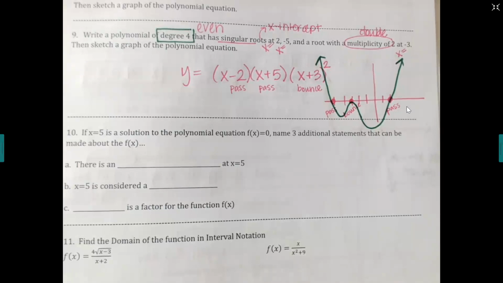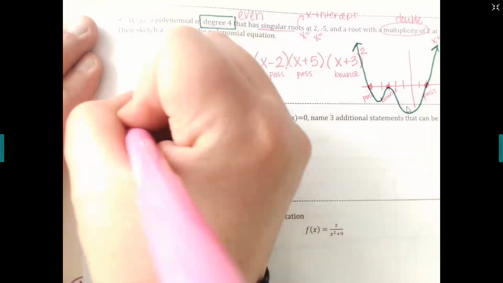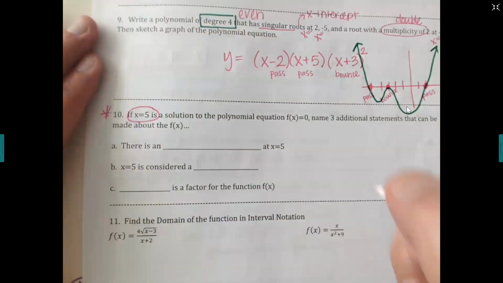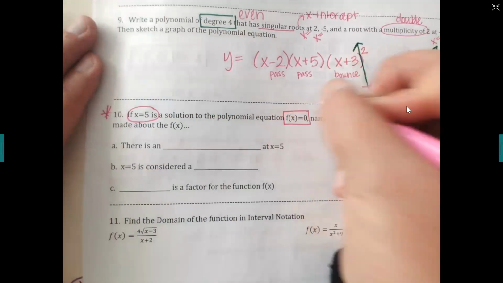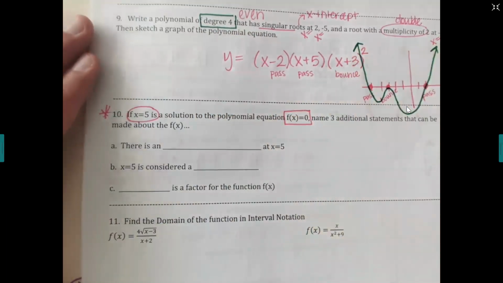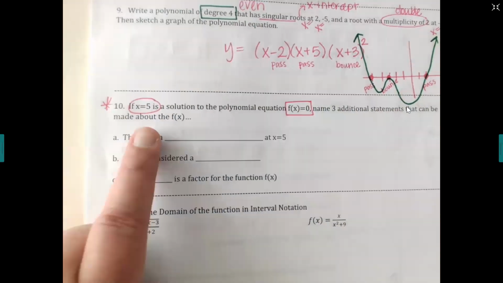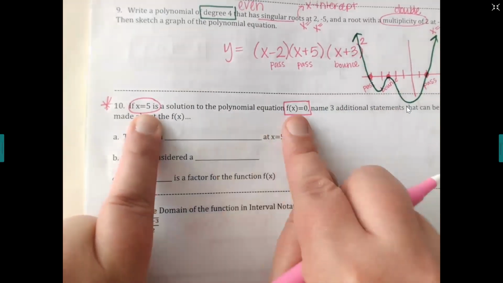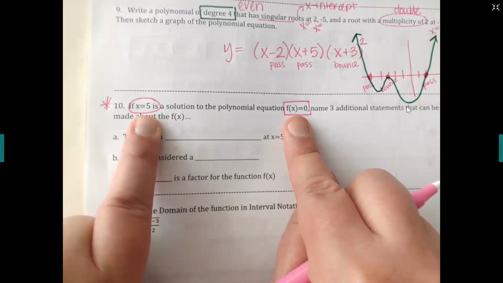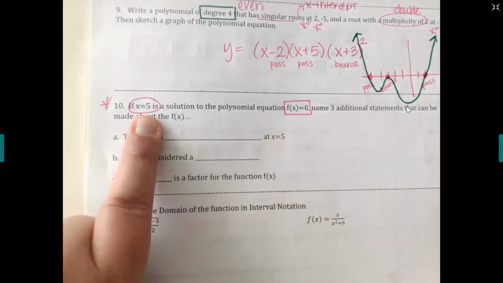All right, number 10, put a little star by this one. Okay, it says if x equals 5 is the solution for the equation equal to 0, give me 3 other statements. Here's what that means. If 5 is an answer to the equation equals to 0, where is it going to be on the graph?